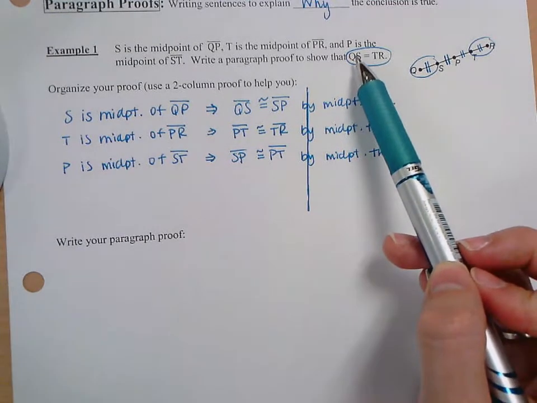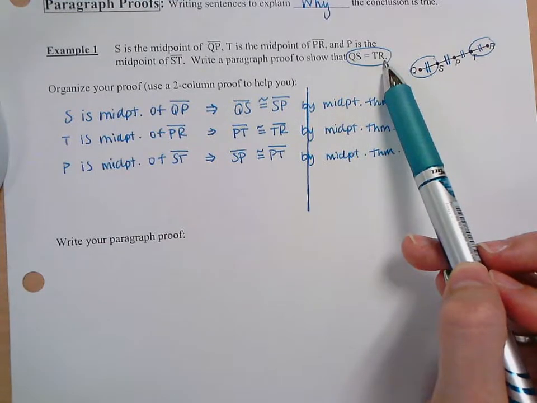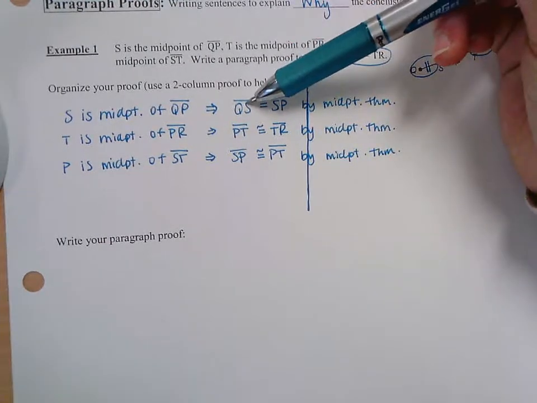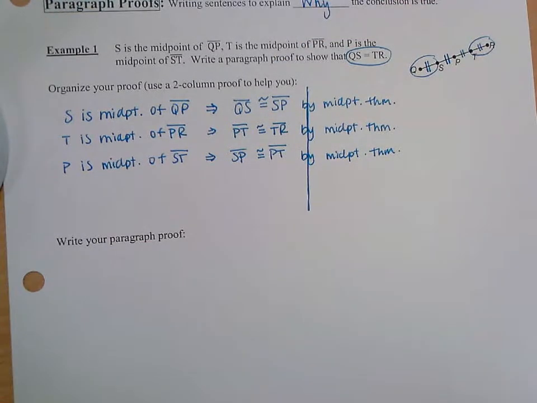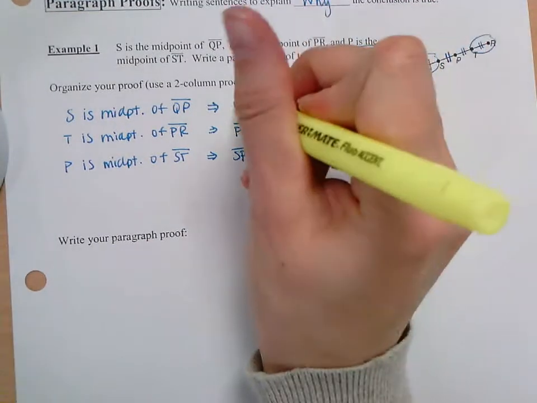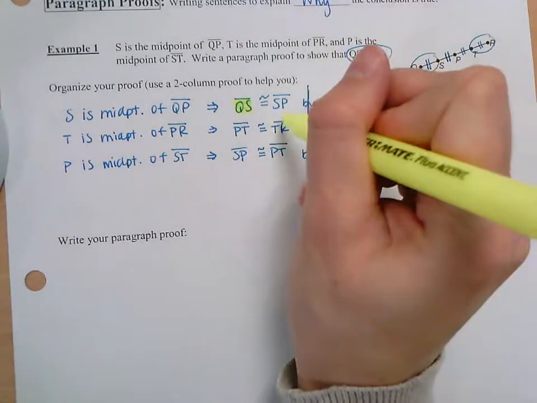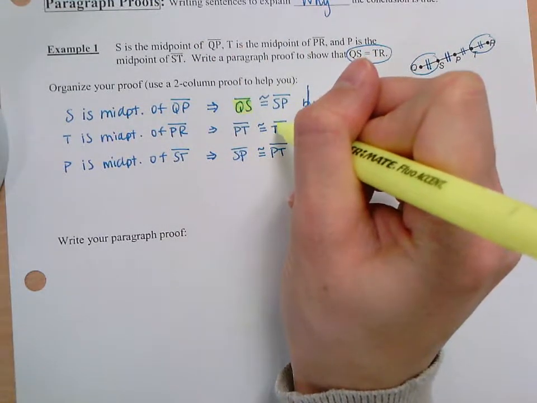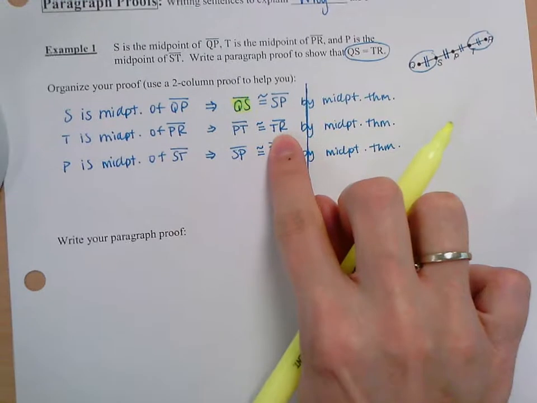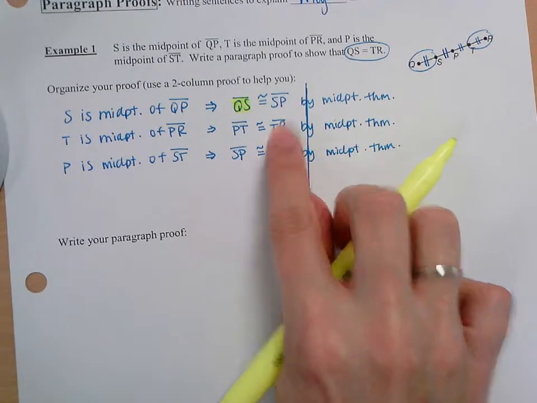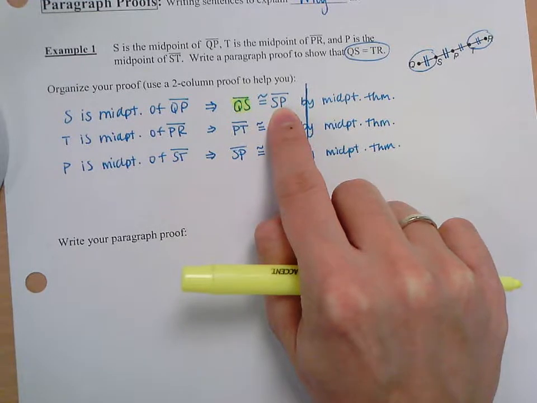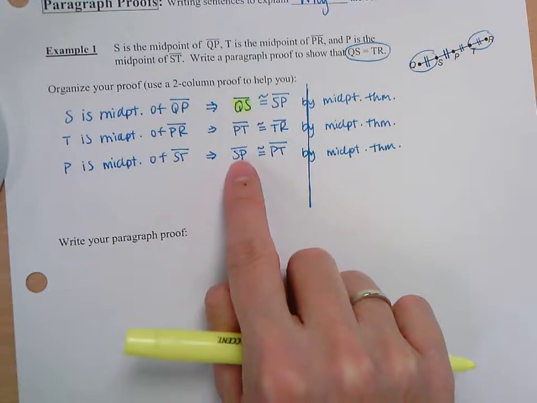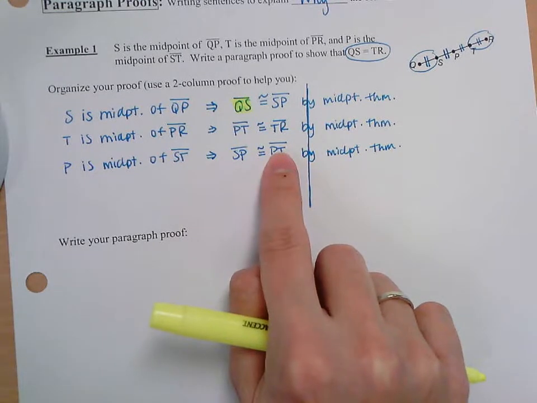Since I want to get to QS equals TR, right now when I look at this, I see QS right here, and I see TR right here. That's where I want to get to eventually. But right now I know QS is congruent to SP. I also know SP is congruent to PT.